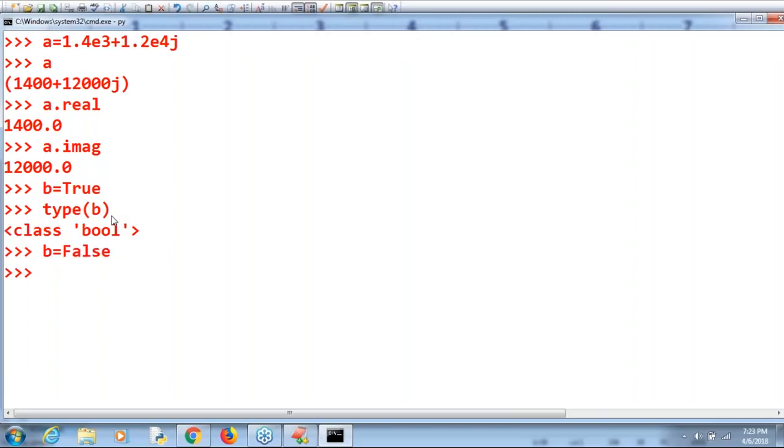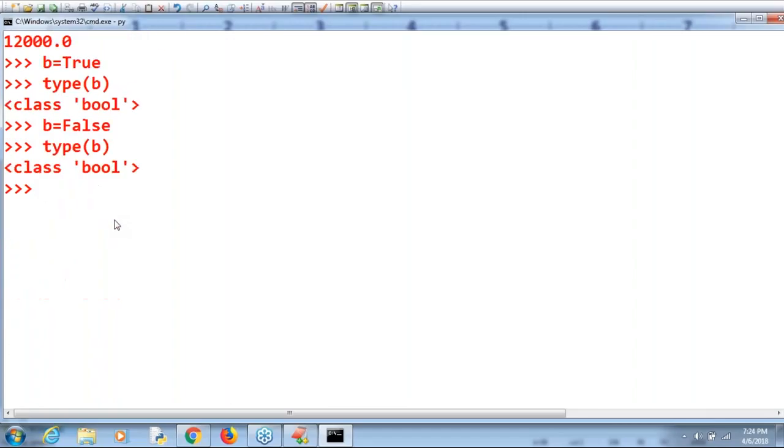Similarly, B is equal to False. If you take the type of B, obviously it is bool. So the only allowed values for the Boolean data type are True or False. Bool and Boolean are the same, no problem at all.